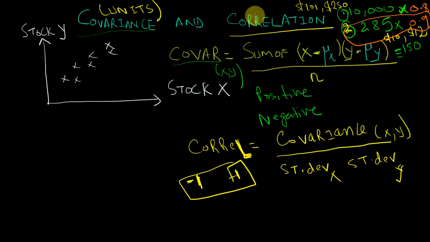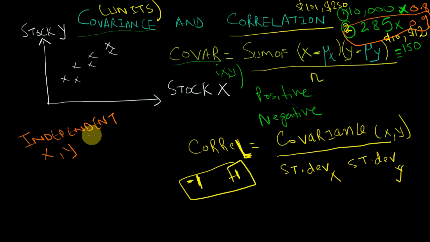Now, one other thing worth mentioning, when we talk about two variables as independent, what that means is, if we say x and y are independent, having information of x will not help you to predict y, and having information of y will not help you to predict what happens to x.